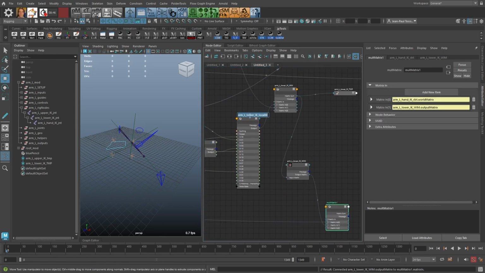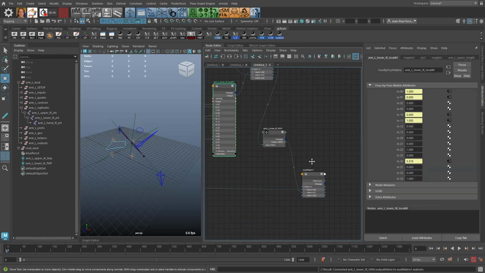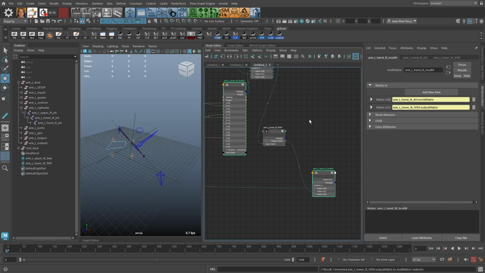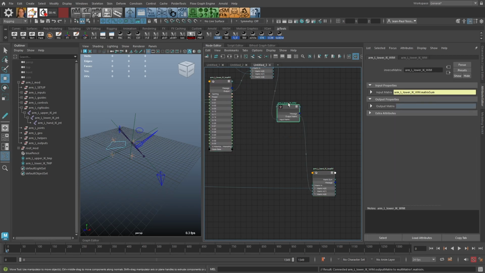So it's basically the equivalent of this matrix, but then for the hand. So we say hand IK local matrix. Oops.